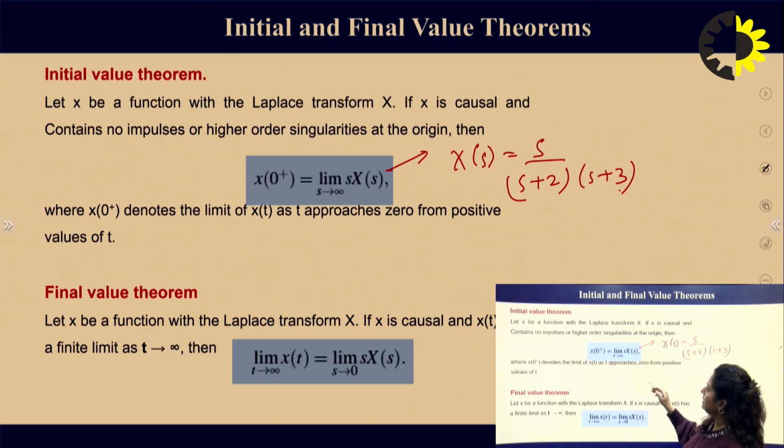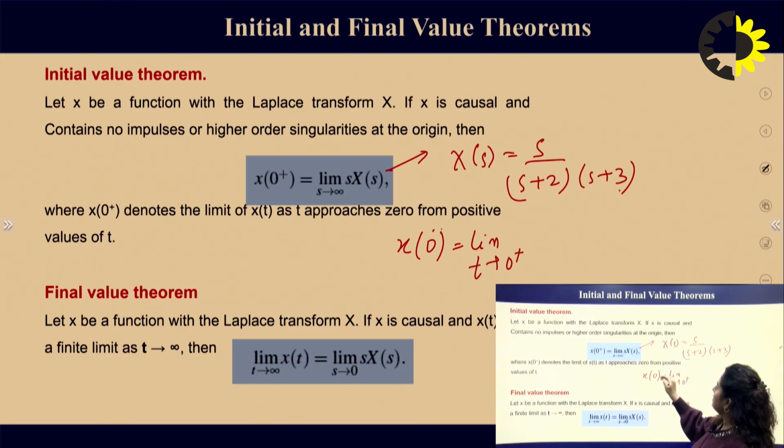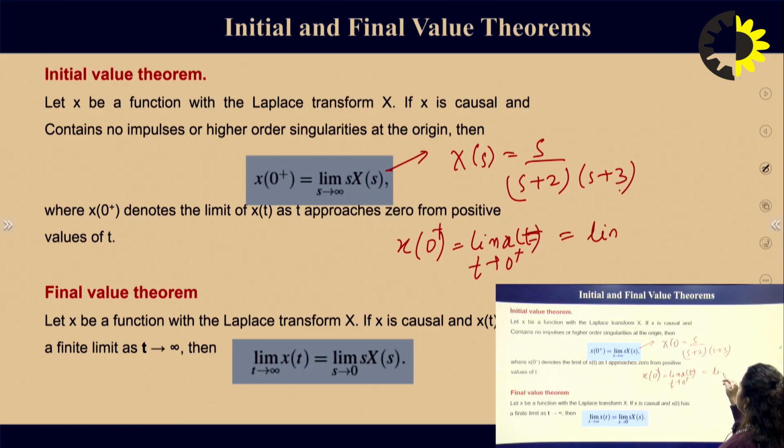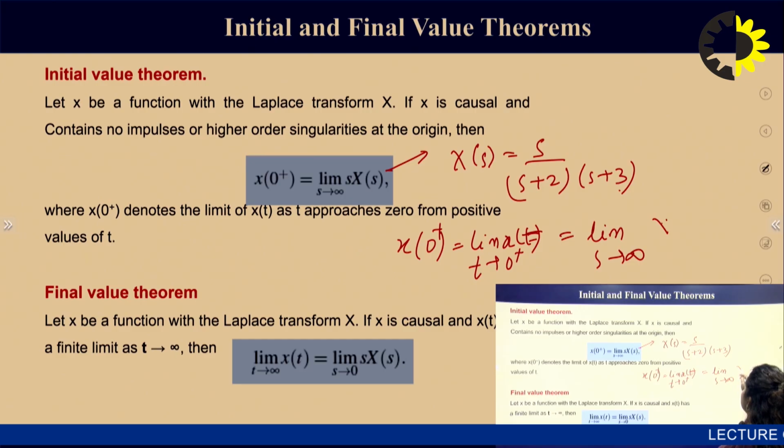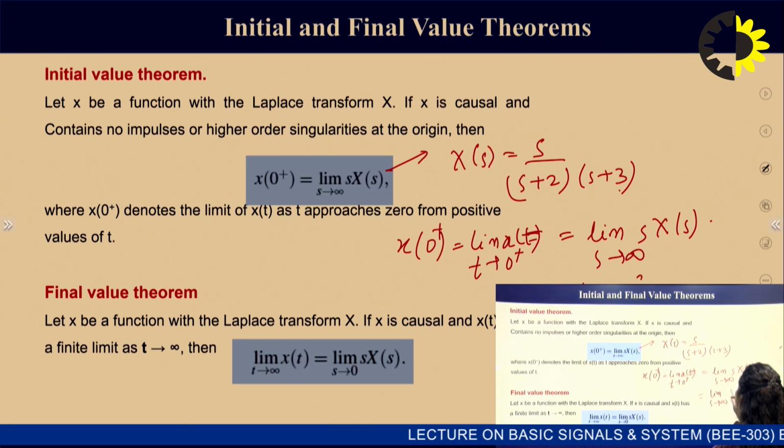So we have x of 0 or limit t tends to 0 plus x(t) is equivalent to limit s tends to infinity s X(s). So limit s tends to infinity s multiplied by s upon (s plus 2)(s plus 3).